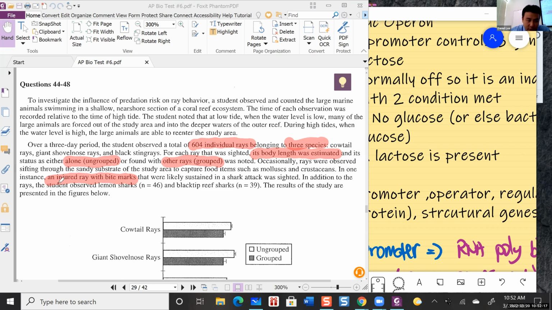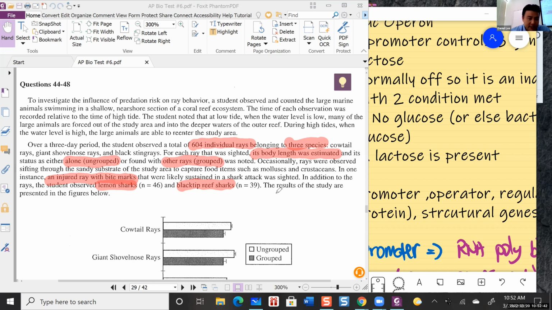In addition to the rays, students observed lemon sharks. So those are the predators, I guess, and also the blacktip shark. So there's 46 and 39 of them. So the sharks are there, presumably to hunt the rays. And maybe that's why the rays are grouped together, right? So they're not attacked by sharks. And body length, the bigger the rays, the more likely they're not attacked, right?